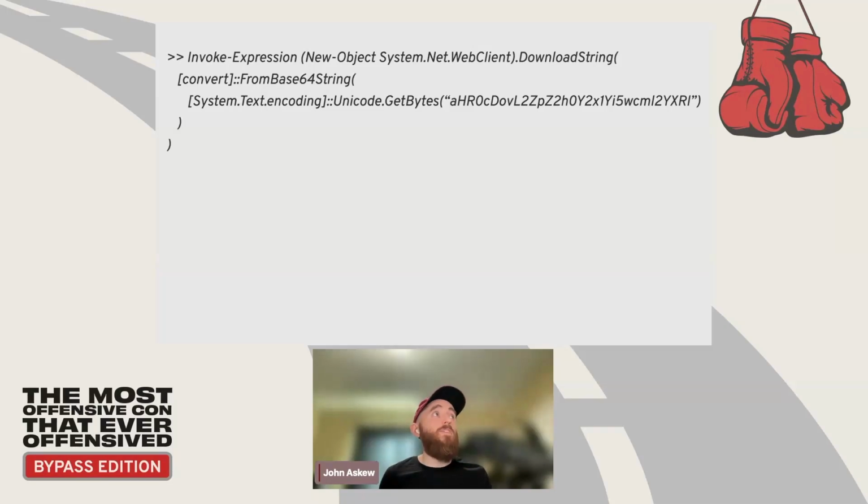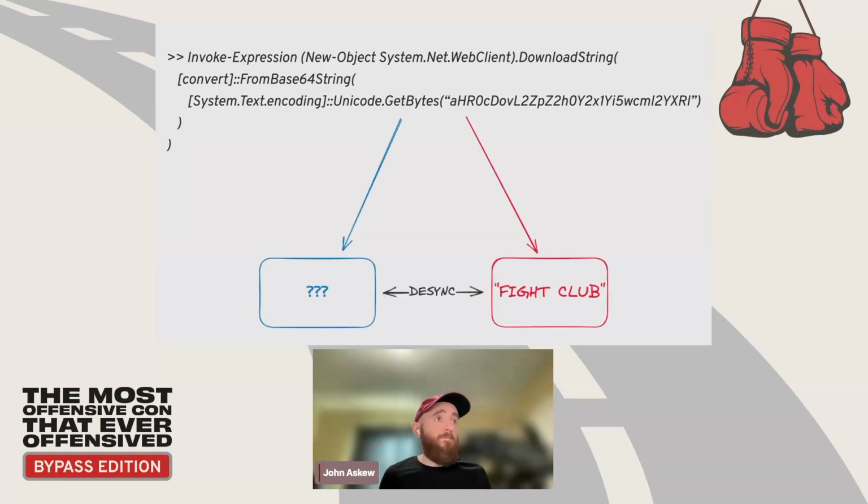So we might have something, this complex block of PowerShell code that attempts to decode a base64 string and then create a web client to download that string as a URL and then invoke this all as a PowerShell expression. So we've got these nested things that PowerShell has to process.